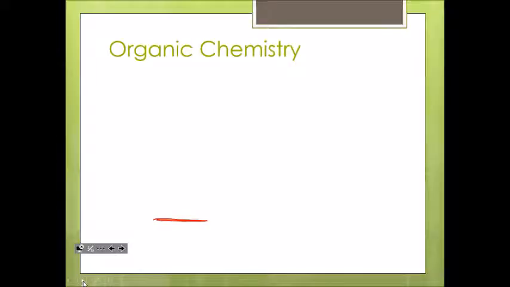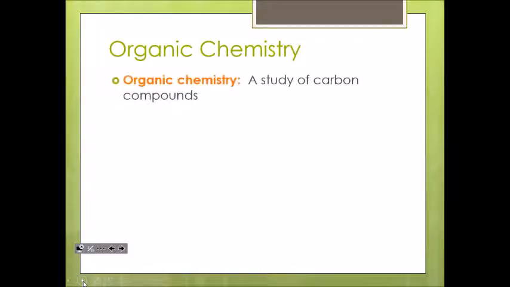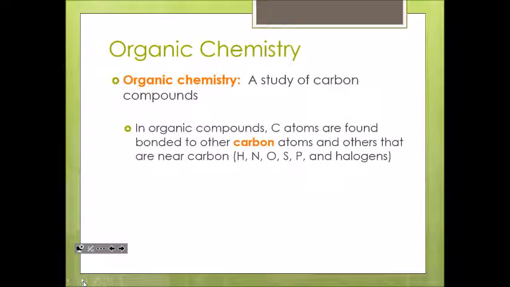All right, so let's start talking about organic chemistry and organic compounds. Organic chemistry is the study of carbon compounds. That's our first thing to note. Now, in organic compounds, carbons are found bonded to other carbon atoms and to other nearby nonmetals on the periodic table, like hydrogen, nitrogen, oxygen, sulfur, phosphorus, and the halogens.